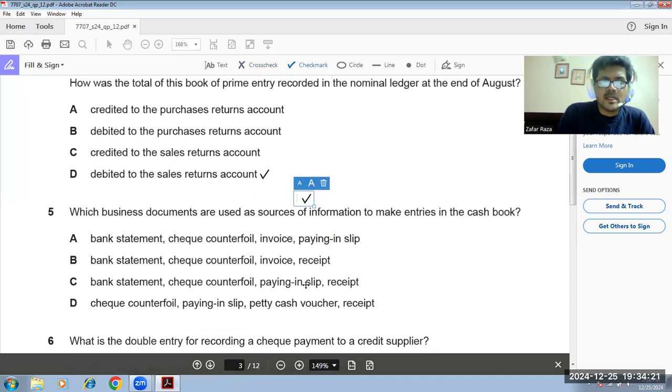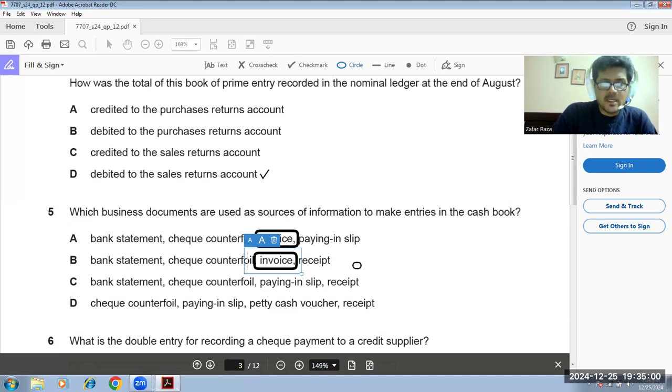Okay. Which business documents are used as a source of information to make entries in the cash book? This needs attention. Bank statement, check counterfoil, invoice, pay-in slip. This invoice is actually used for day books, not for cash books. So since we have an invoice here, B could not be the answer.